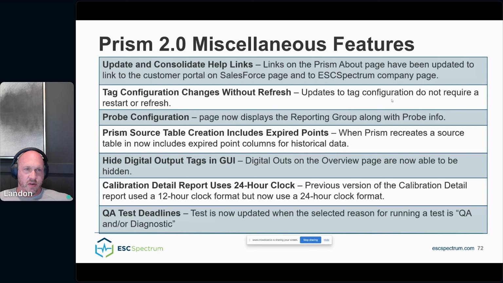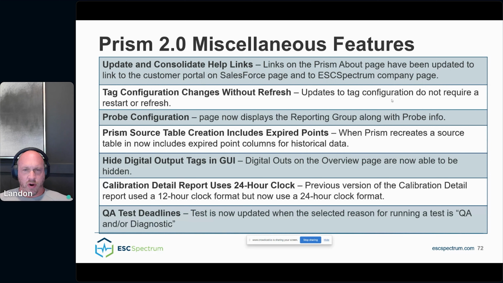Some of the tag changes do not require a restart or a refresh of the tag service. So if that affected you before, hopefully that's fixed. On the probe configuration page, you can now correctly set the reporting group that the probe belongs to. Source table creation, this was, I think, just a bug. If you were creating a source table in the past, it's been fixed.